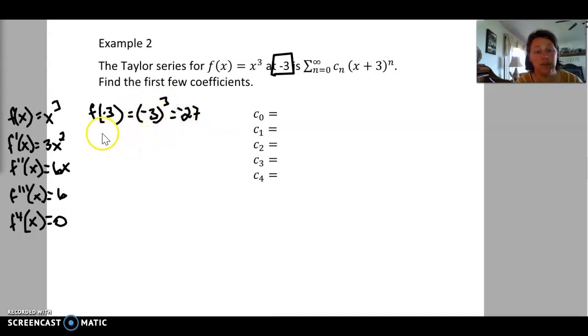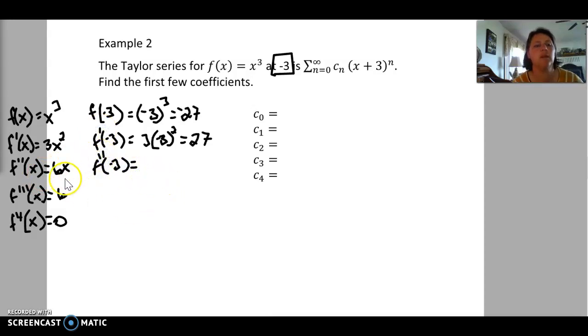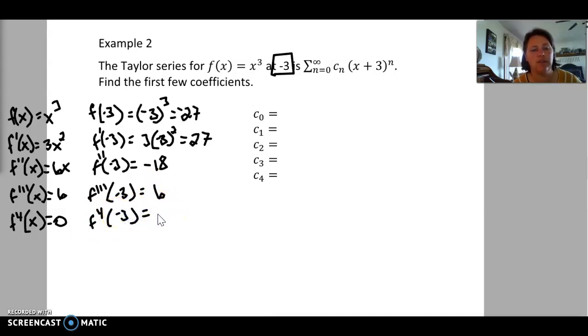And then f prime of -3, 3 times -3 squared, is going to be a positive 27, and then f double prime of -3 is equal to -18, f triple prime of -3 is equal to 6, and f to the 4th of -3, so the 4th derivative at -3, is going to be 0.